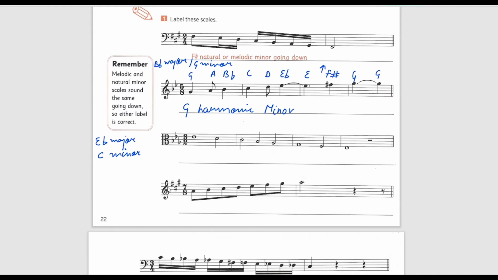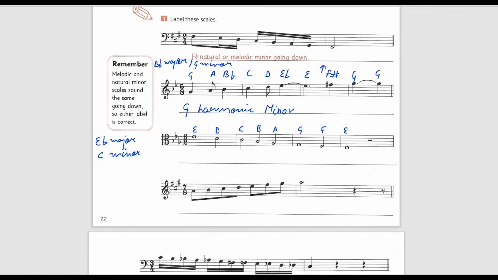The next step is to write down the notes here: this is E, F, G, A, B, C, D, and E.